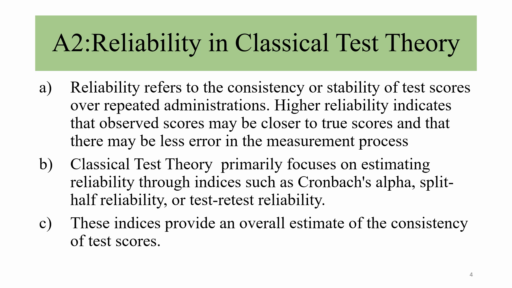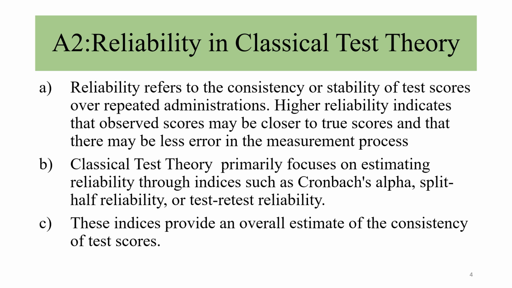Split half reliability: if we split the items in an even-odd manner or any other way, then both the halves of the instrument must correlate. That is called split half reliability. And in retest reliability, we take the test twice in a short interval of time, and if the scores are correlated, then we say that the test has retest reliability.